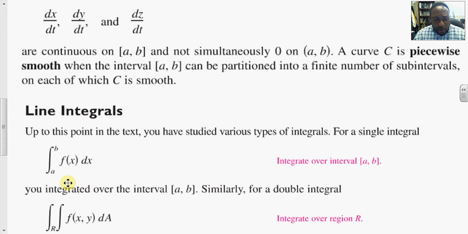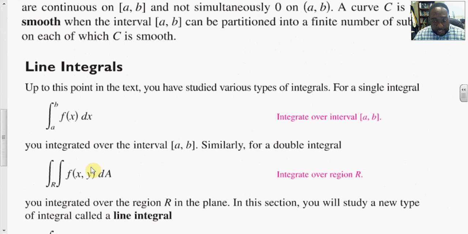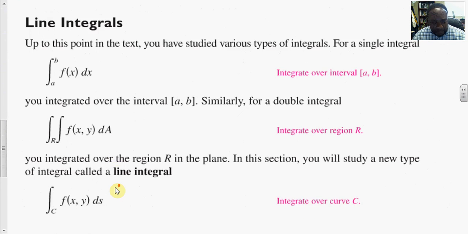Recall from calculus that the integral from a to b of f of x dx gives the area under the curve of f of x. The double integral over a region of f of x y dA integrates a function over a region.